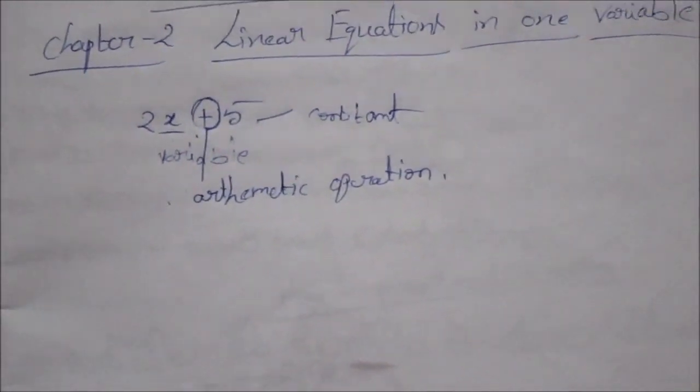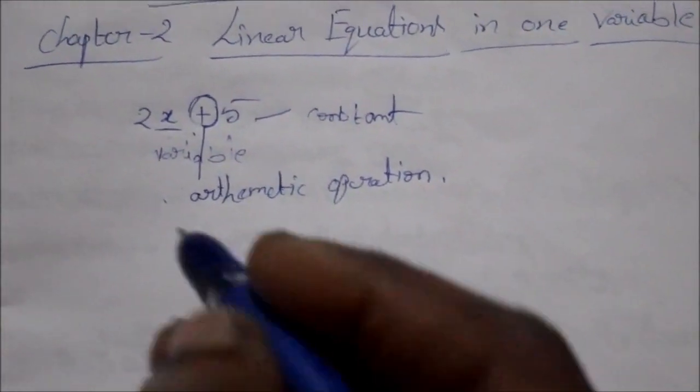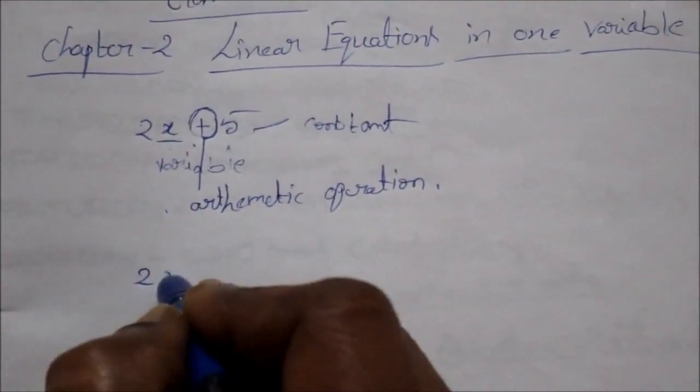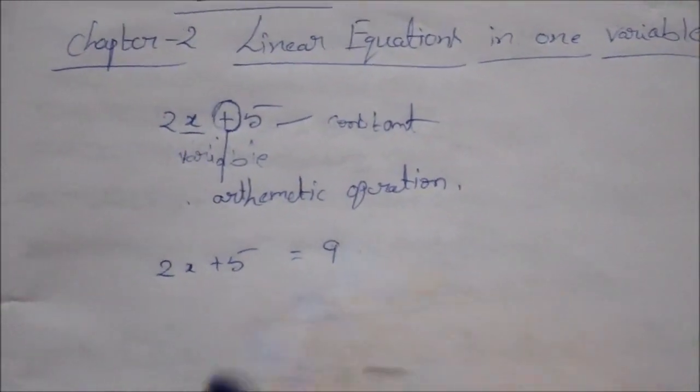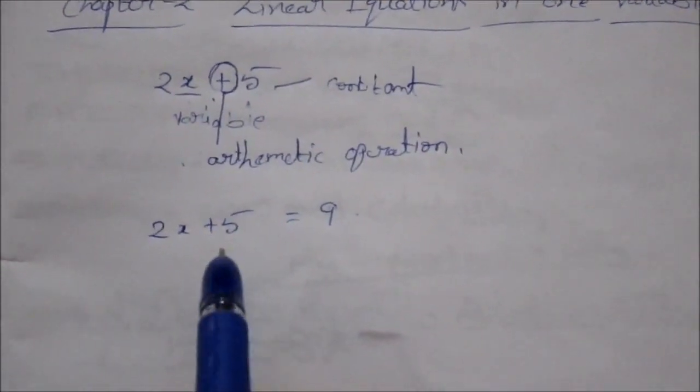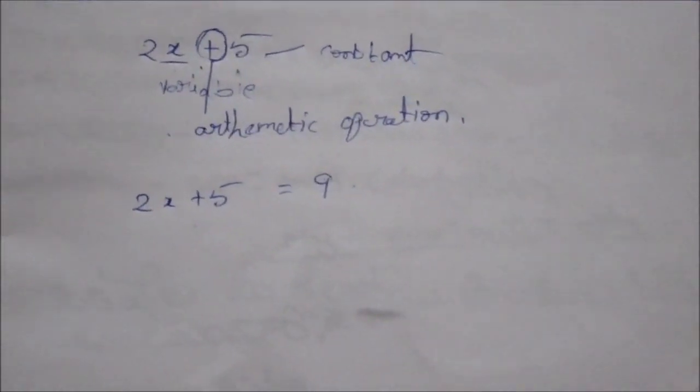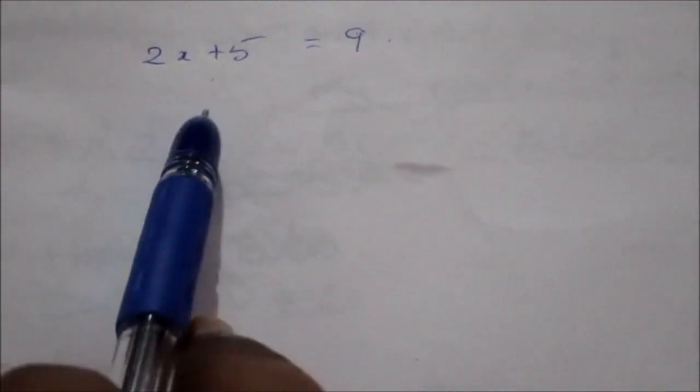Then what is an equation? 2x plus 5 equal to 9. Consider this example. Here this is an equation. Why is this called an equation? It has an equality symbol, equal to. 2x plus 5 is equal to 9.